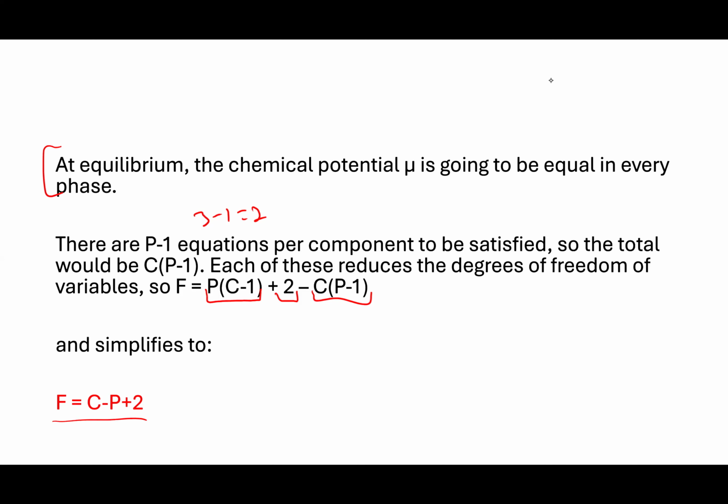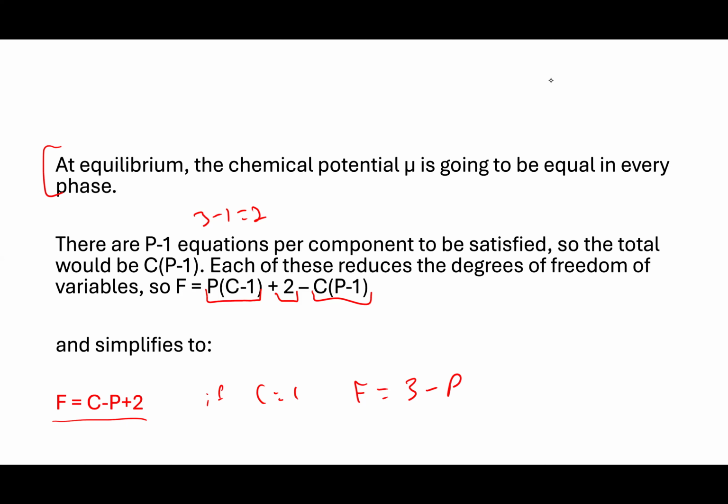And if we look at this, if C is equal to 1, it rearranges to 3 minus P, or negative P plus 3 if you want, what we saw before. But this is general for a multi-component system, or really for any component system.